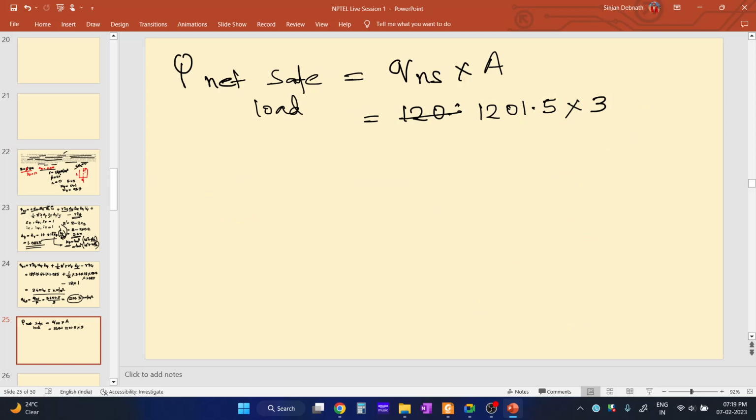Since the length is very large, we find the net safe load per unit length, considering the length to be 1, since the strip footing is very long.